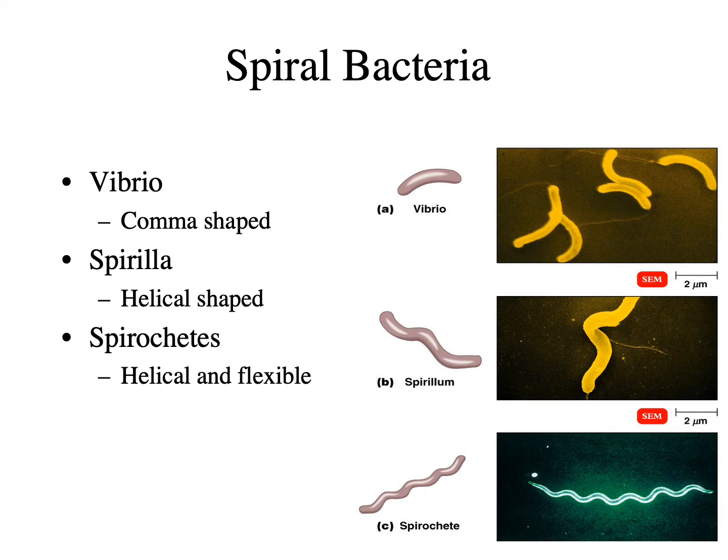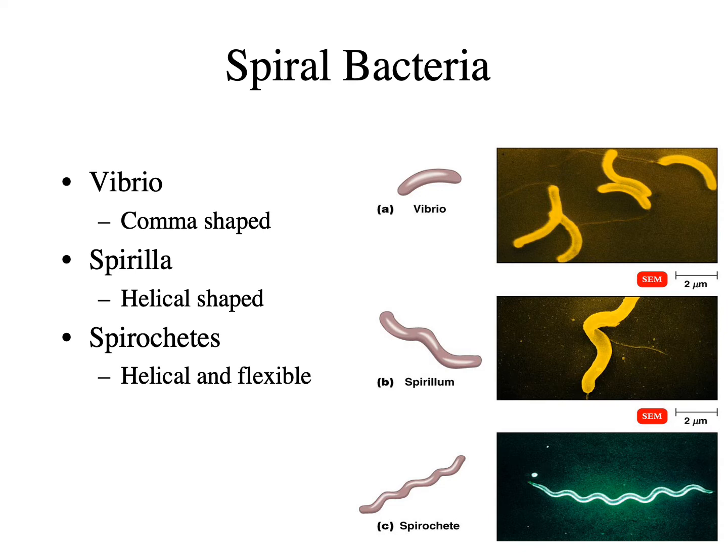For the spiral bacteria, we have the vibrios, which are the comma-shaped. Kind of looks like a little macaroni. Spirillum are helical-shaped, and they're more rigid. Spirochetes are also helical, but they're more flexible. So when you see the little corkscrew-type bacteria, if it's more rigid in its movement, it would be spirillum.